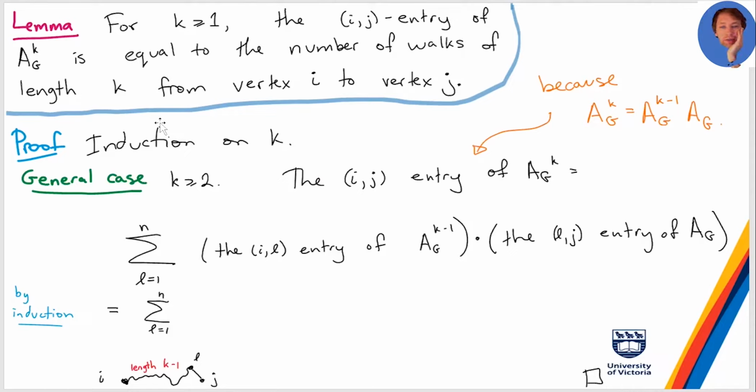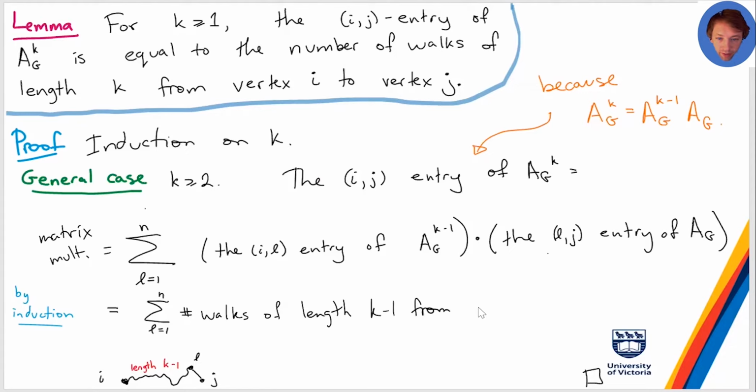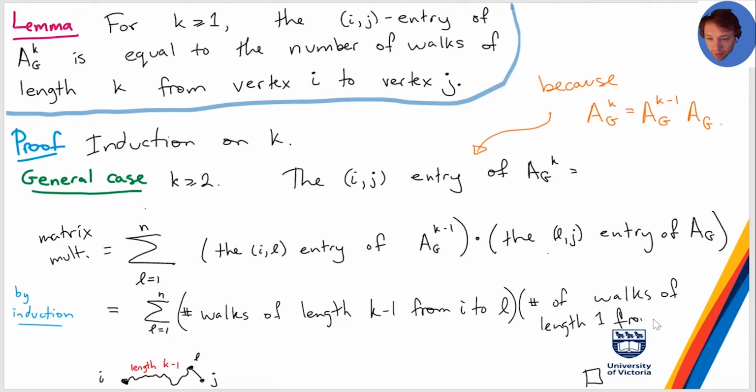So in the general case, by definition of matrix multiplication, the ij entry of the kth power is the sum over all L of the iL entry of the (k minus 1) power times the Lj entry of the adjacency matrix, just the first power. By induction, this is the number of walks of length k minus 1 from i to L, where L is the thing we're summing over, times the number of walks of length 1 from L to j.